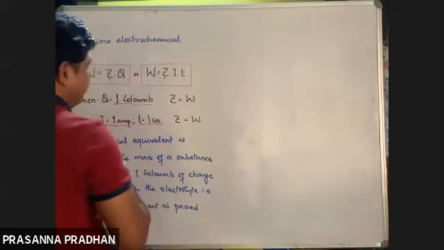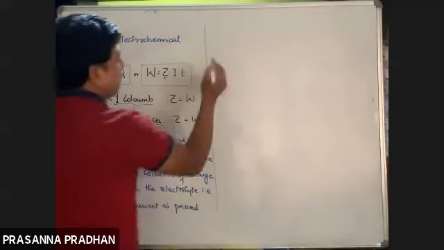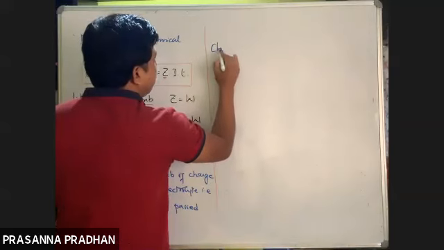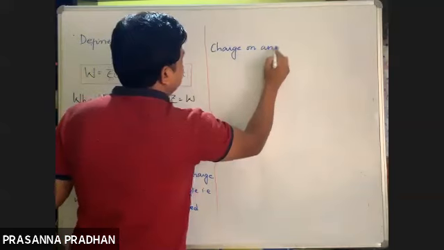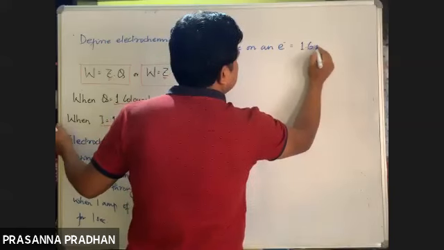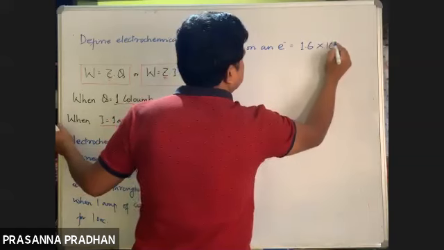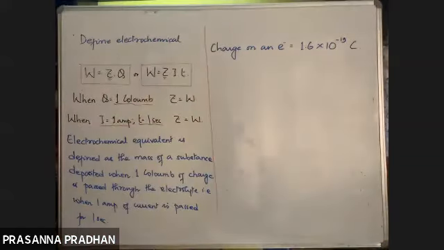Now, you guys tell me, what is the charge on an electron? What is the value? So 1.6 into 10 to the power minus 19 coulomb. Very good. Excellent. This is the charge on one electron.